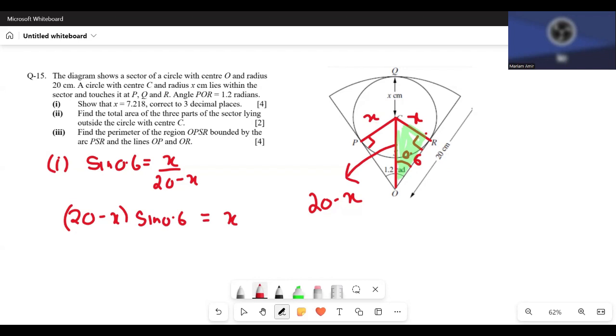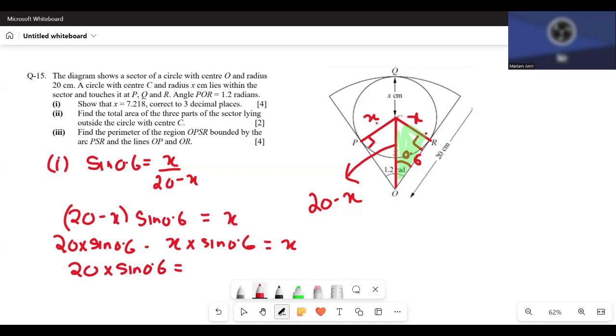Simplify this, we have 20 times sine 0.6 minus x times sine 0.6 equals x.